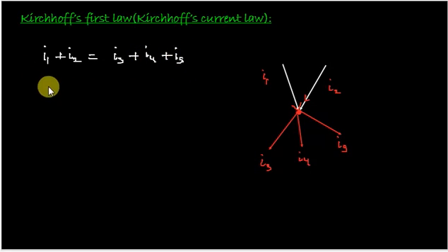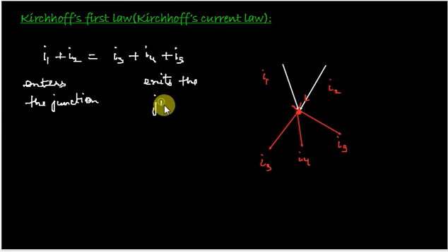That means the total current that enters the junction would be equal to the total amount of current that exits the junction. Or overall we can also define it as summation I is 0.